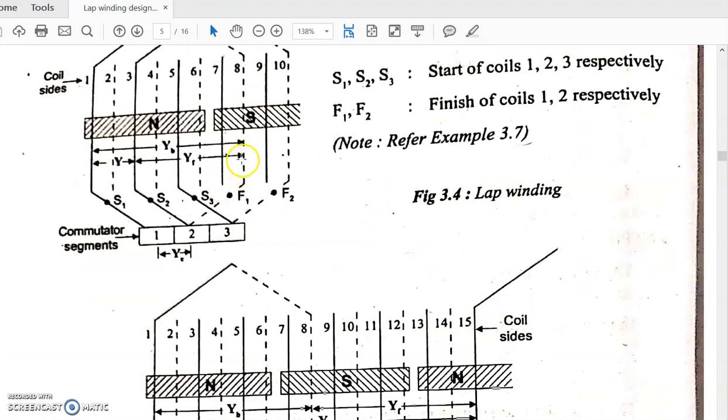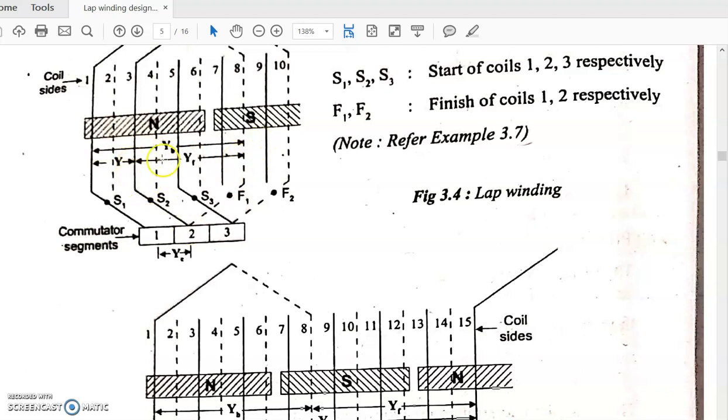So it is one commutator segment. Take this second commutator segment. Here the two ends, start and finish of a coil, are connected.